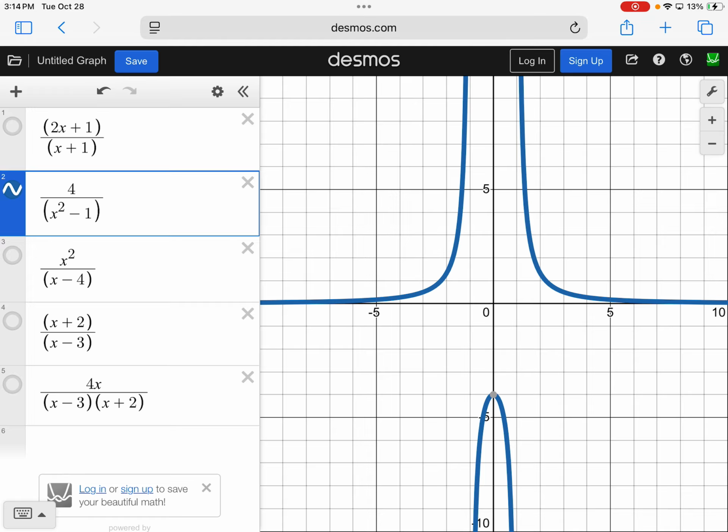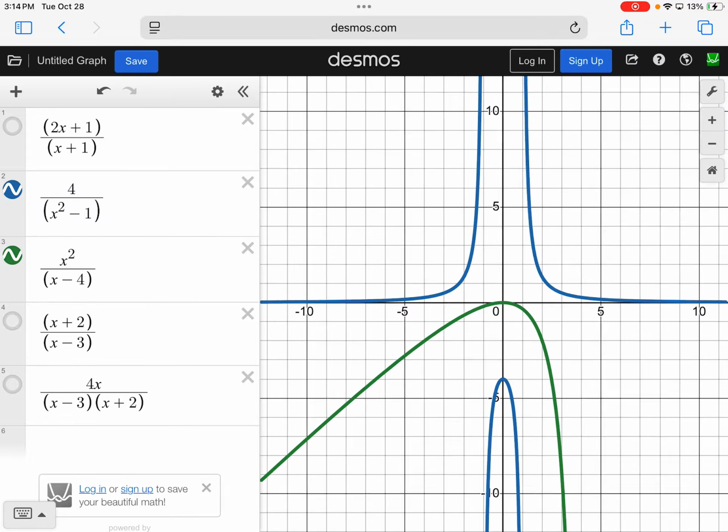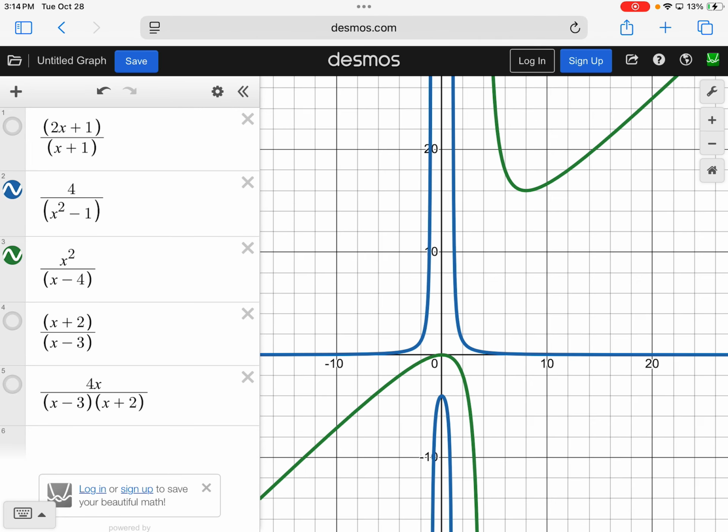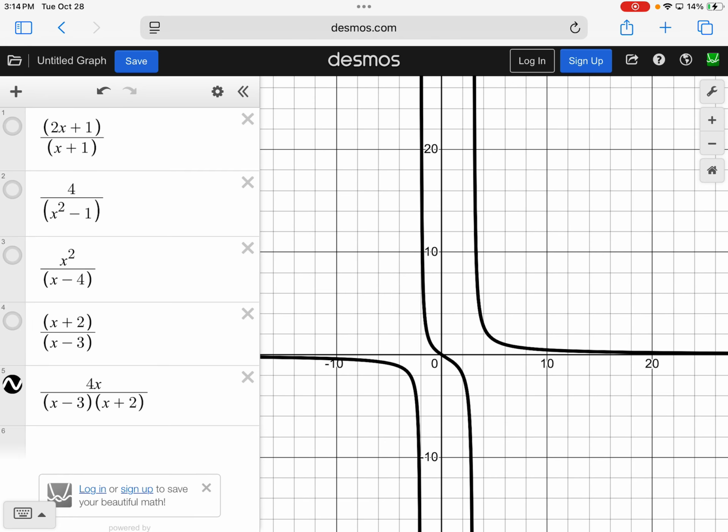So which other one might look similar to that one? One, 2, 3, because I have an x squared again. Not quite. This time, where's our x squared though? On top. Okay, let's look at that one.